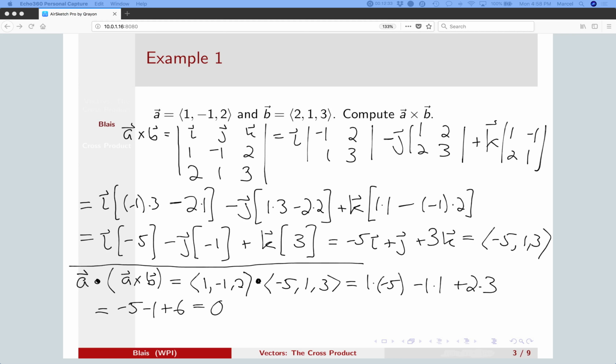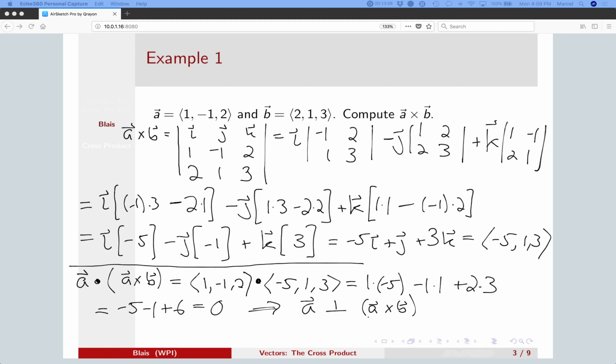And if we remember, when we studied the dot product, what does that mean? If two vectors have a dot product of 0, it means they are perpendicular. So this tells us that the vector A is perpendicular to the vector A cross B. It's also going to be true that if we chose B, the vector 2, 1, 3, and we took the dot product with our new cross product, we would also get 0.